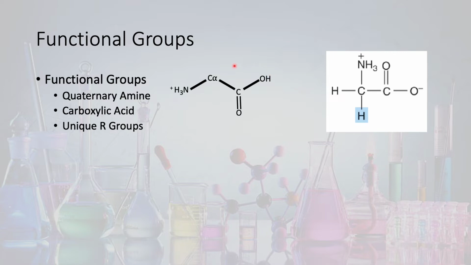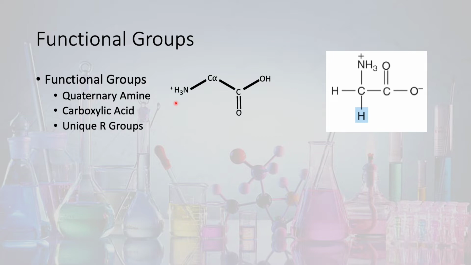Here, I've basically drawn my own version because I'm going to perform some manipulations. If you remember from the previous slide, one of the functional groups on our amino acids, here glycine, is the quaternary amine. At a pH of 7, this is protonated and carries a positive 1 charge. However, if we remember back to our section on weak acids, quaternary amines can function as Bronsted-Lowry acids.